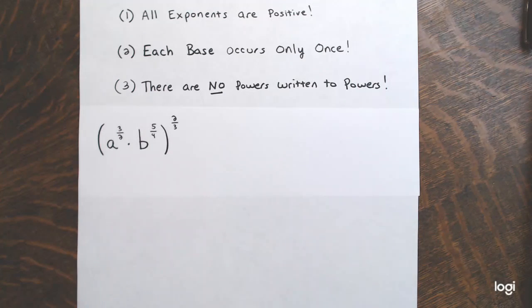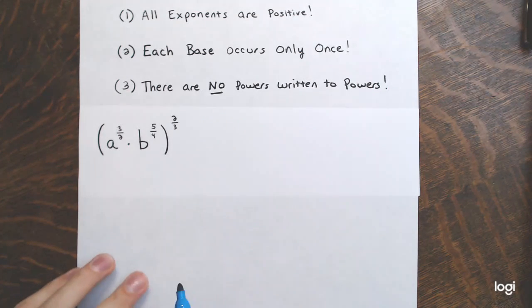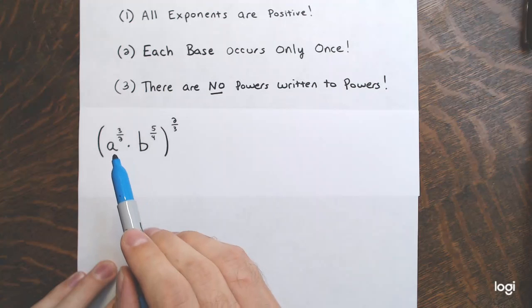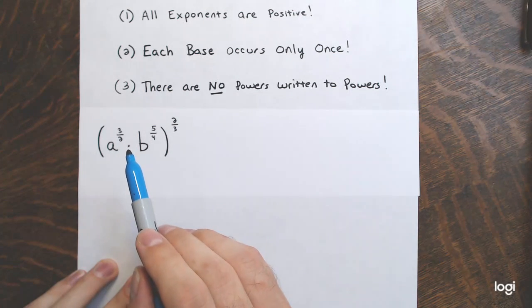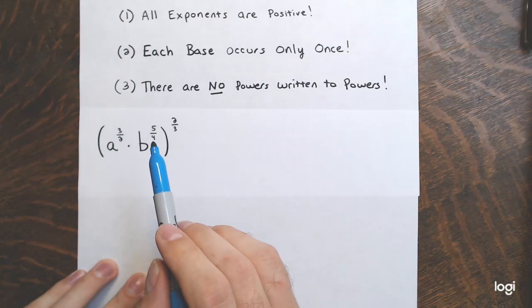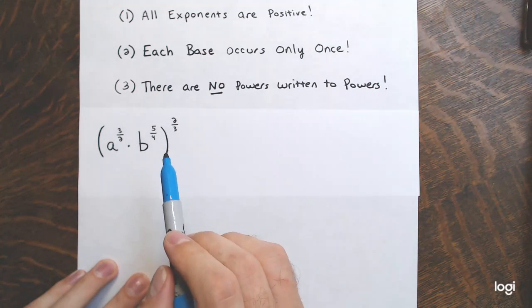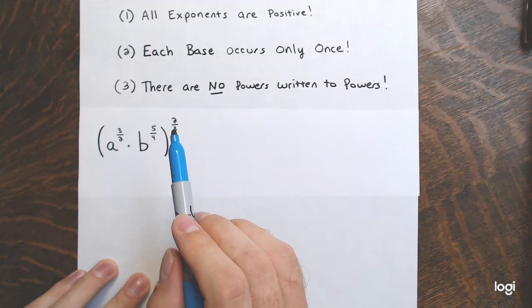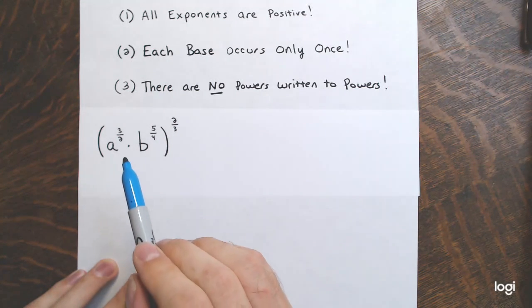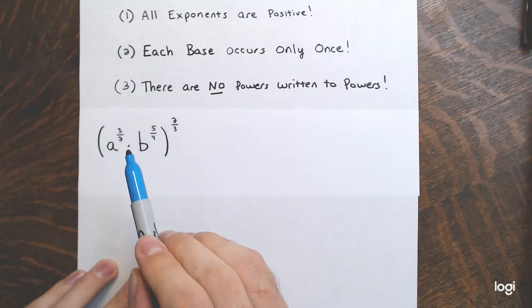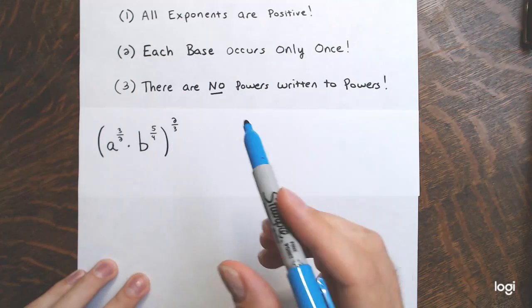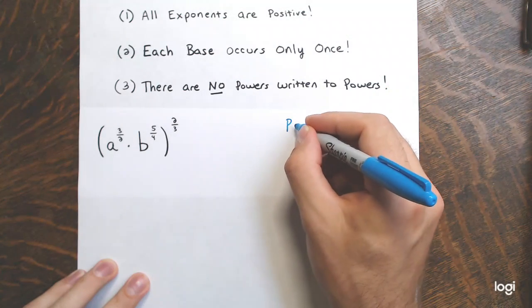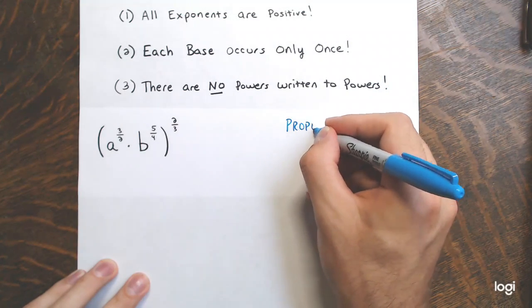So here I have, in parentheses, a to the 3/2 power times b to the 5/4, and then all of this in parentheses is raised to the 2/3 power. Okay. So what I have here is a product, multiplication in here, a product raised to a power. And that brings me to my next property of exponents.